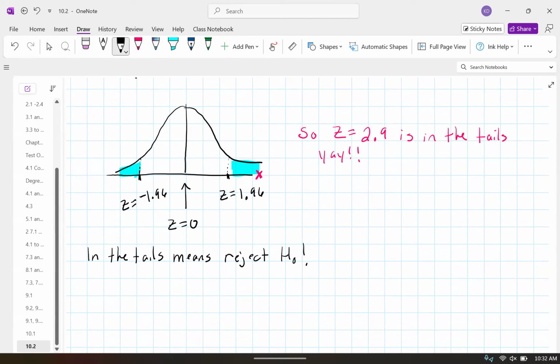And we want a significant difference because we always set these up so that we want to reject the null hypothesis. We want to reject our guess that there's no difference between these. So we're in the tails, we reject the null. We say, hey, there's a significant difference. Opinions have changed, or we find evidence that opinions have changed.